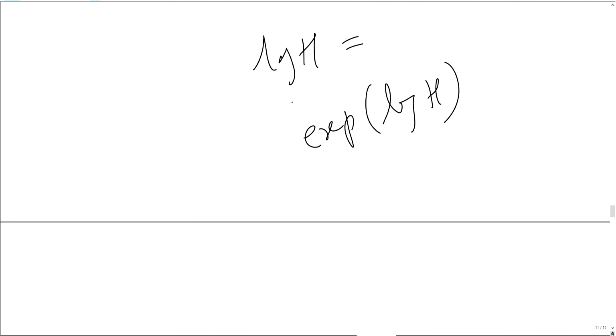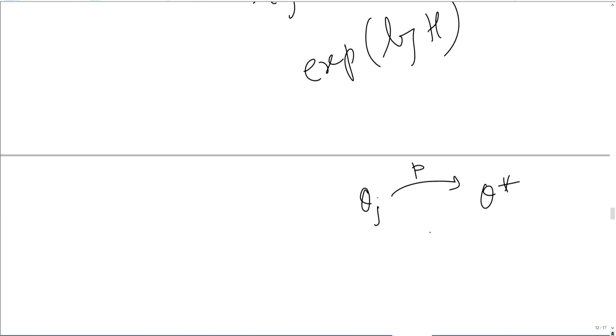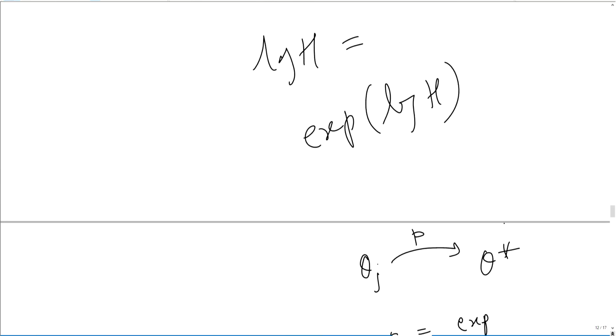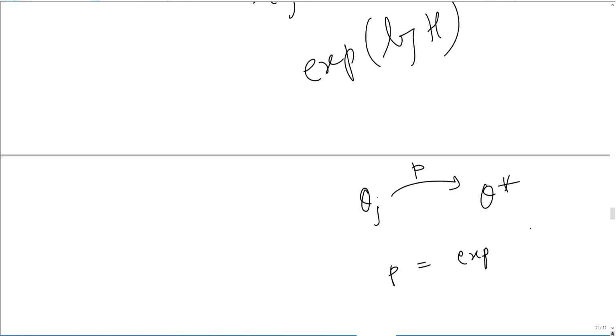You can also calculate something called transition probability. So, let us say I decide that I would transition from state theta j to theta star with some probability p, and this transition probability p would be given by the exponent of minus log posterior density of theta star minus log posterior density of theta j or something like that, which is basically log h, right.